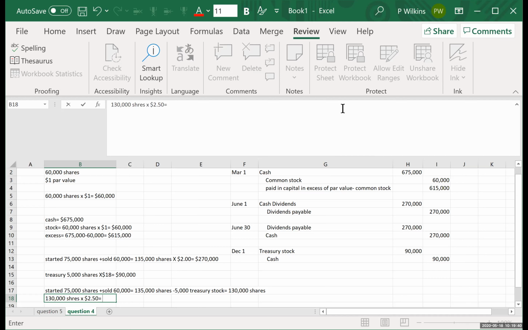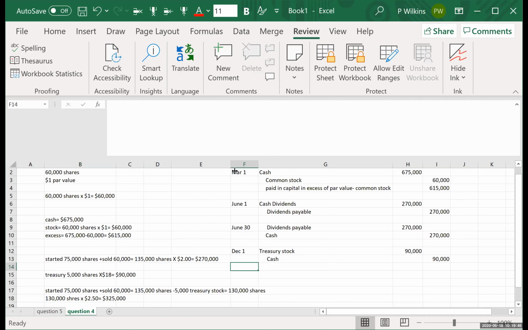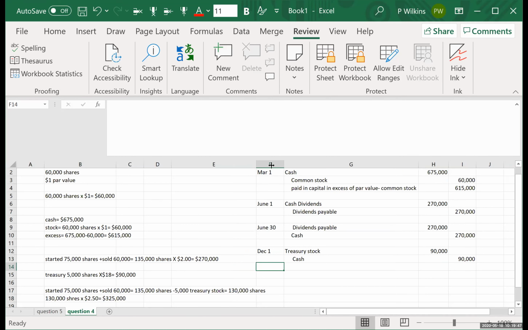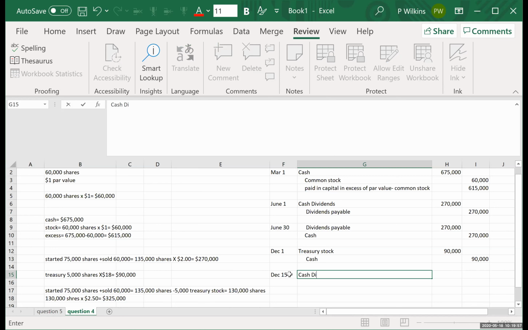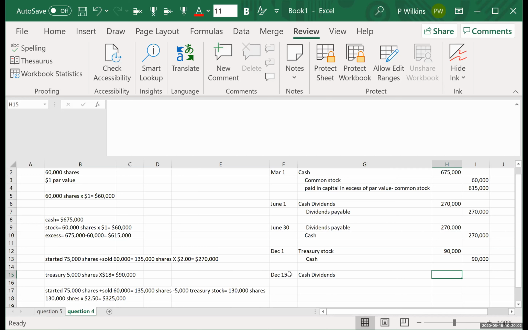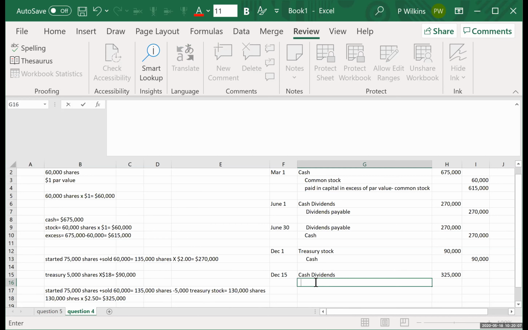That's going to give us $325,000. So on December 15th, we're going to debit cash dividends $325,000, and we're going to credit dividends payable for $325,000.